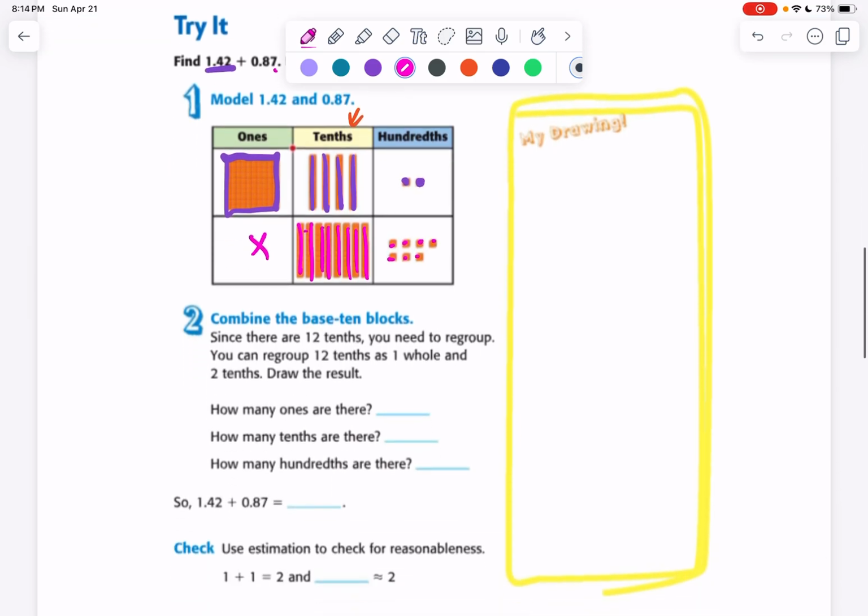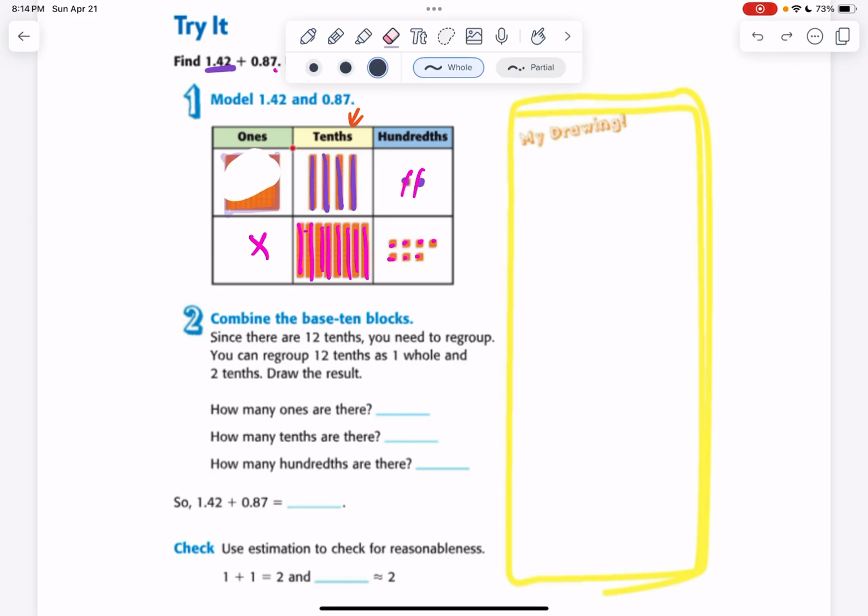Look what happens when we add these together. First, how many ones are there? I'm sorry, I'm getting ahead of myself. How many ones were there? There was 1 whole. How many tenths? Let's see here.